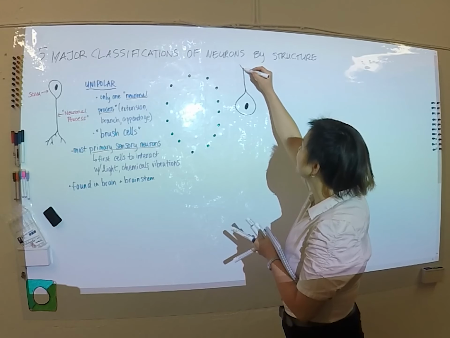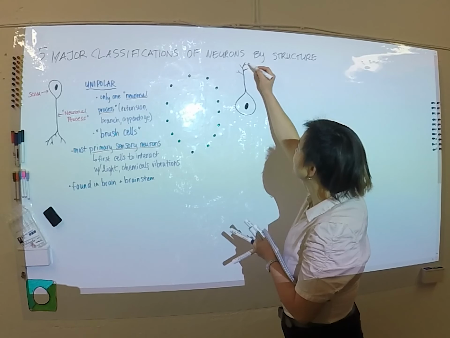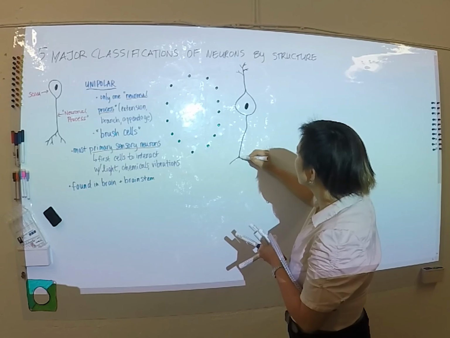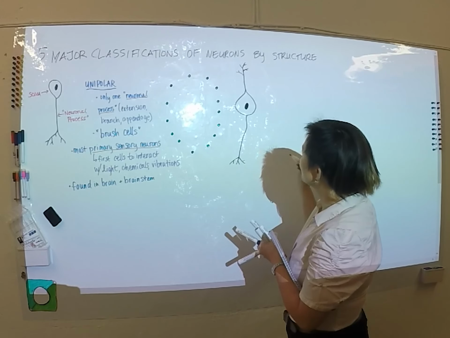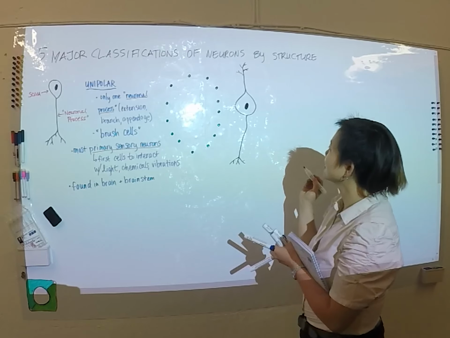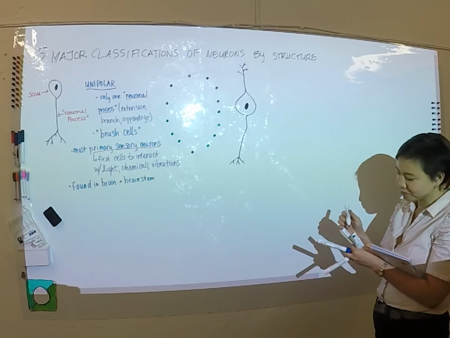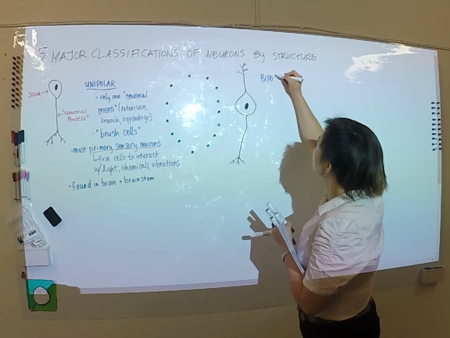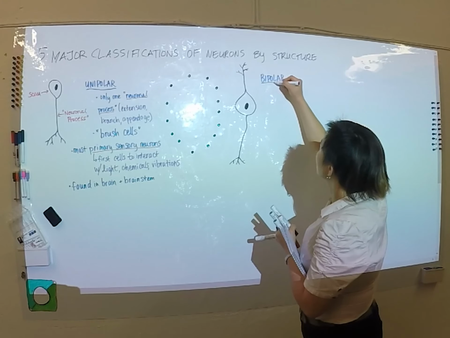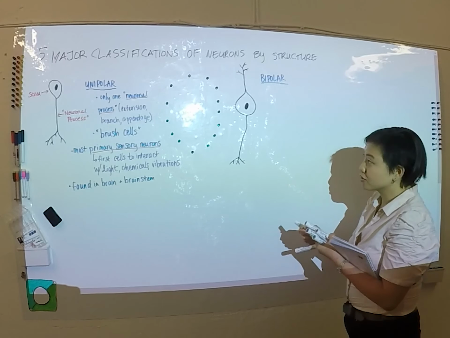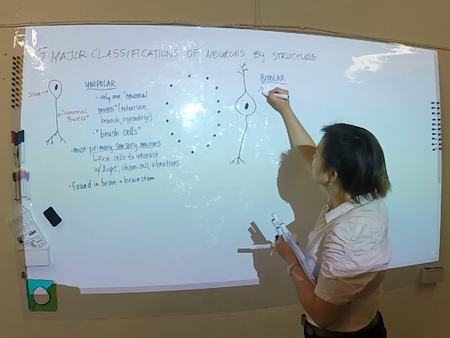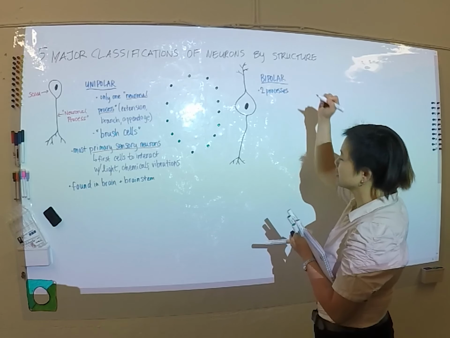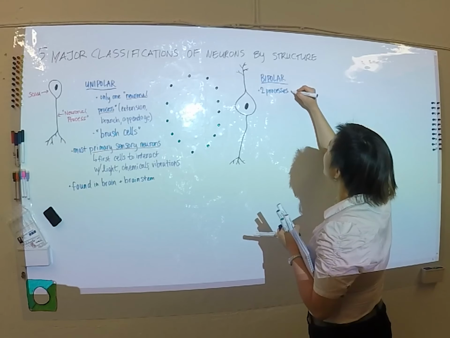And a bipolar cell, maybe you already guessed, has two things coming off of it. Okay? All right. So this one is called bipolar. Okay? So a bipolar cell has two processes extending from the cell body.